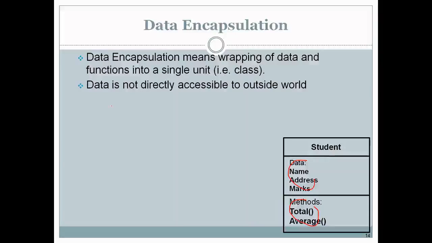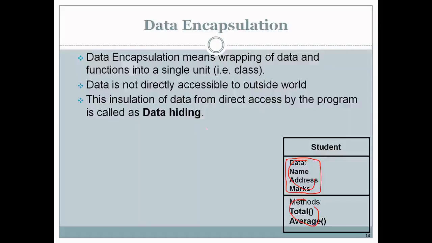Now this data is not directly accessible to the outside world. The data which has been encapsulated inside the class is not directly accessible to the outside world. And this insulation of data, you can say protection of data from direct access by the program, is called data hiding.